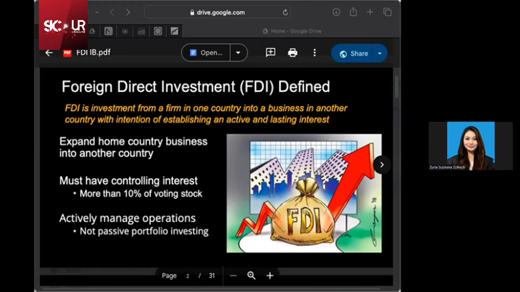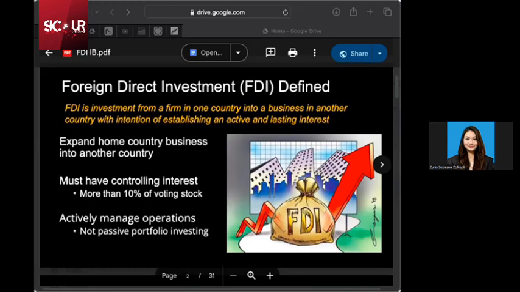And like I've mentioned just now, the foreign firm making the investment must be active in managing operations. This is not passive portfolio investing. Passive portfolio investing does not count as FDI. This distinction is important for tax and regulatory consideration.